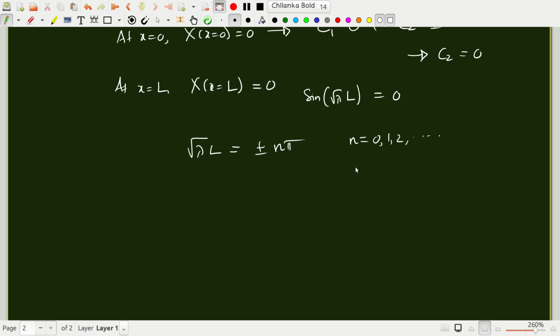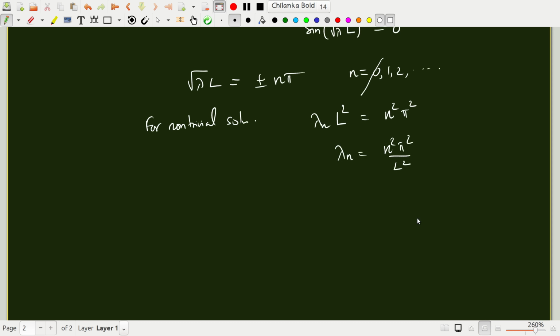Okay. But n equal to 0 is not important, because that will give you the trivial solution, because sine 0 is 0. So in general, for non-trivial solution, we require, if I square this equation, lambda n L squared is equal to n squared pi squared, or lambda n is equal to n squared pi squared by L squared. Okay.